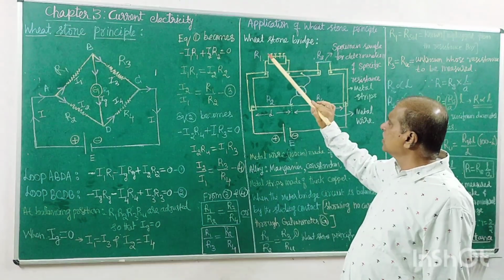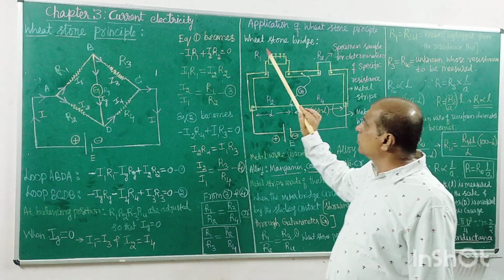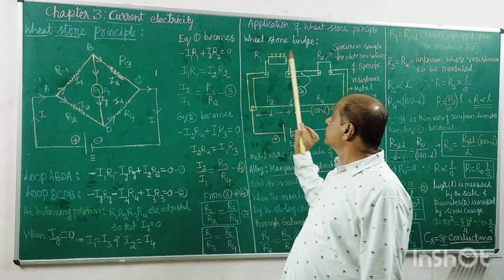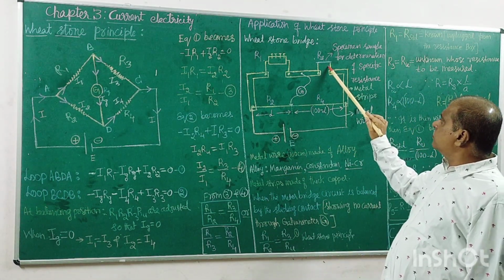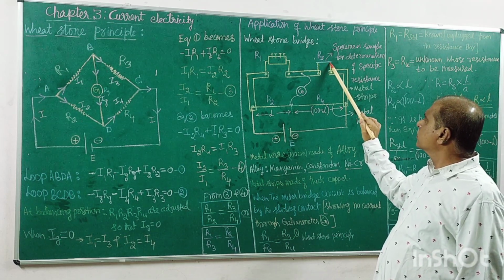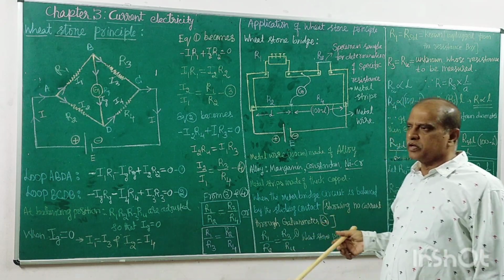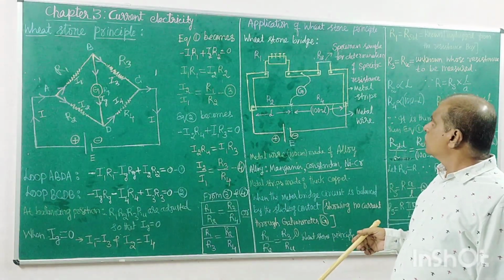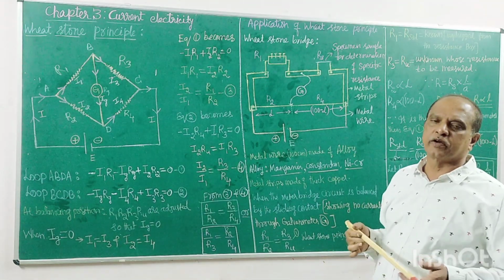Or we can connect a conductor of known resistance R1 here. In the other gap, we have a solid conductor. It is any conductor, a metallic conductor, or an alloy, or any material whose resistance is to be determined.